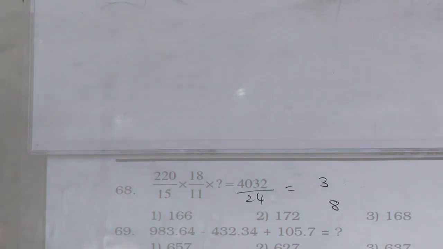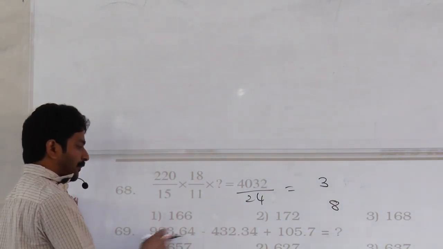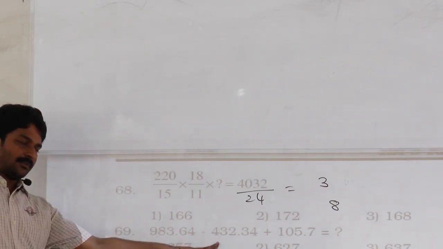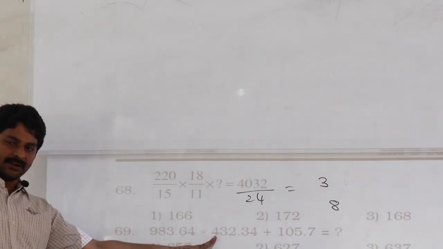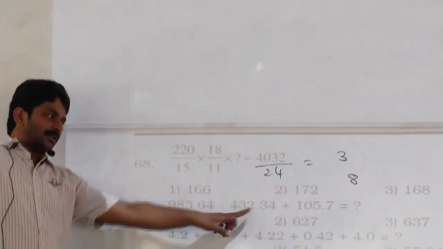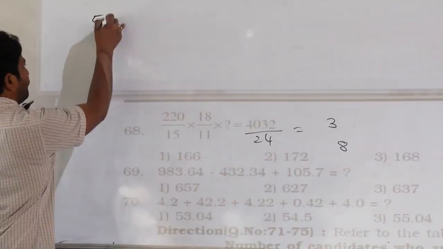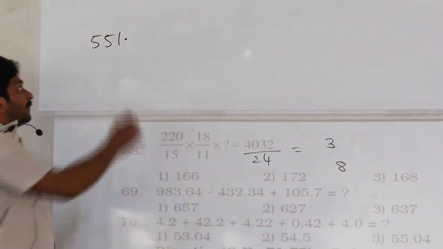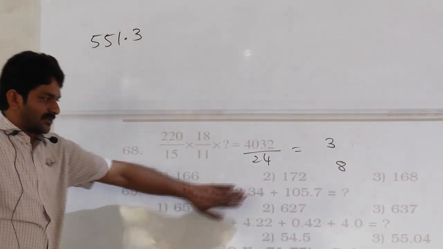Next, 983.64 minus 432.34. 900 minus 400, 500, 80 minus 30, 50, 3 minus 2, 1, so 551. 0.64 minus 0.34, 0.3, this is over.